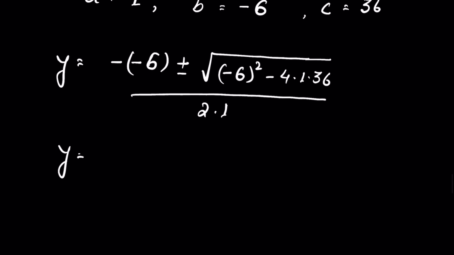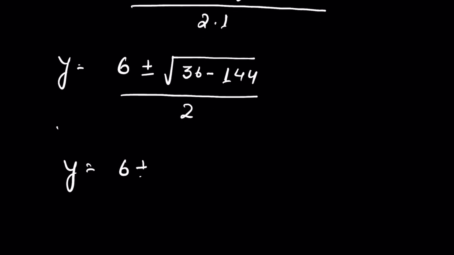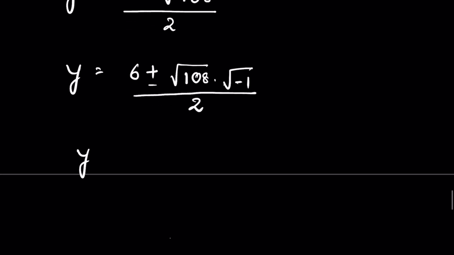So y is equal to 6 plus minus square root of 36 minus 36 times 4, which is 144, upon 2, or y is equal to 6 plus minus square root of 36 minus 144, which is negative 108, upon 2. We can write it as square root of 108 times minus 1, upon 2, or y is equal to 6 plus minus square root of 108 times square root of minus 1, if we factorize it.